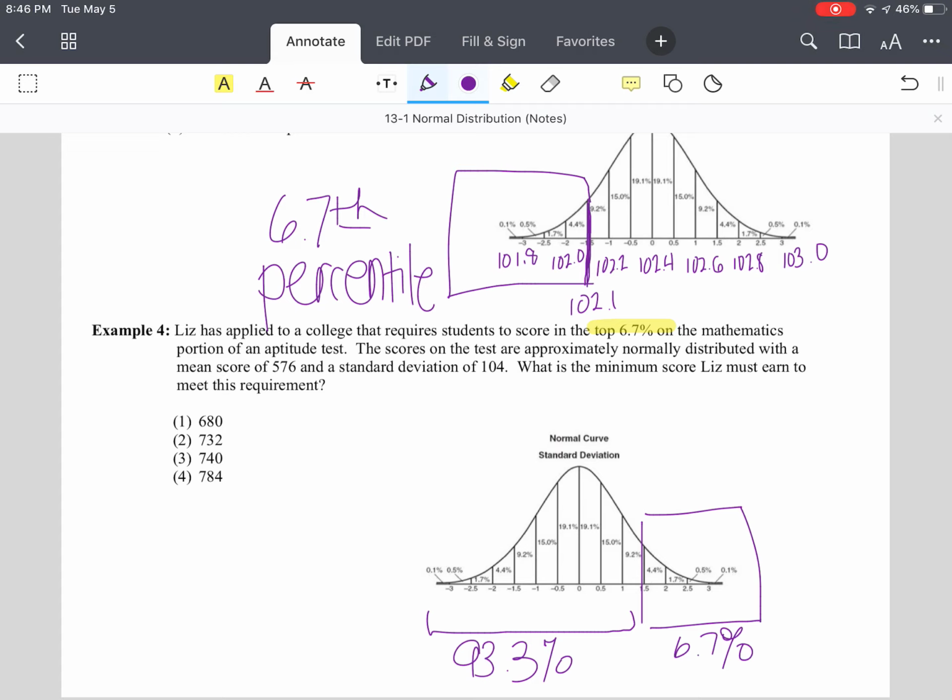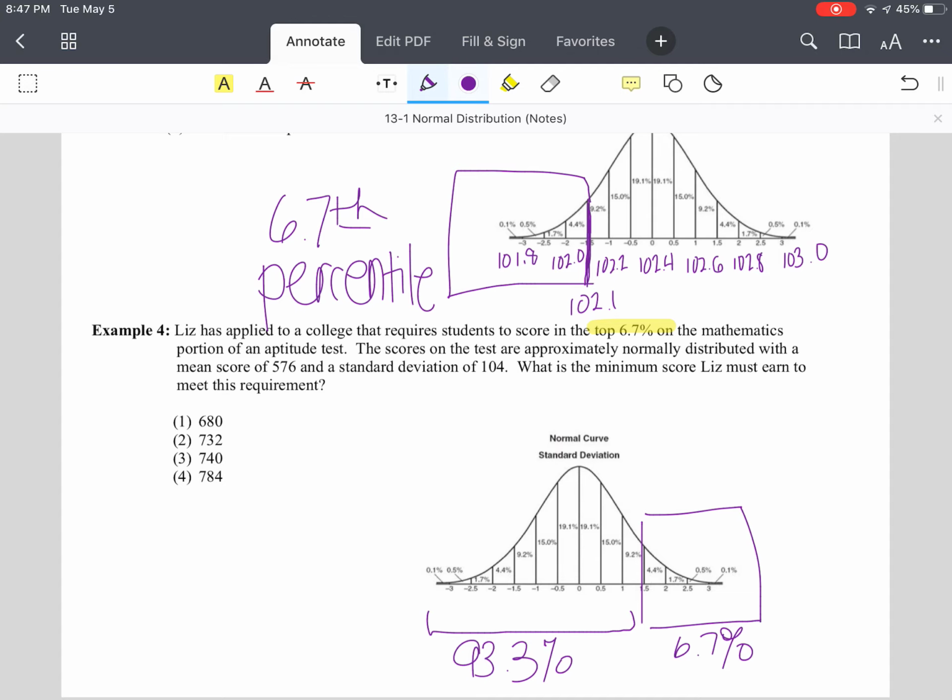They could have said Liz needs to be in the top 6.7%, or they could have said Liz needs to be in the 93.3rd percentile. It's the exact same question, just worded differently. Either way, we need to figure out what score goes at 1.5 standard deviations above.